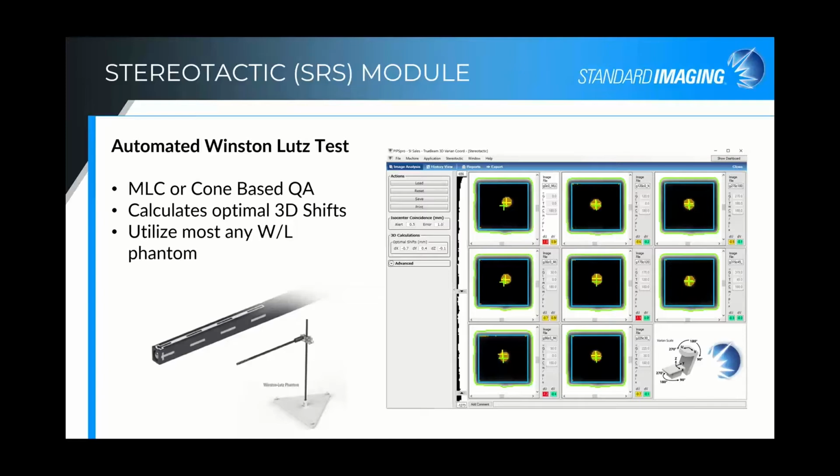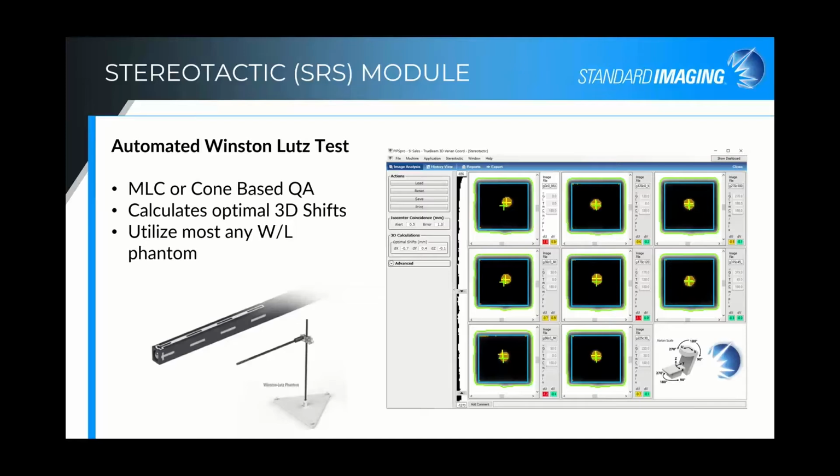You can see our setup here has 8 images, but you do not have to do all 8 images. Obviously, the more images, the better for accuracy, but you can do it with as few as 3 images. It will find the beam center and the center of the ball marker and give you those automated calculated shifts for your 3D optimization.